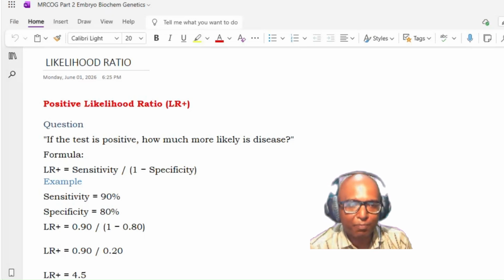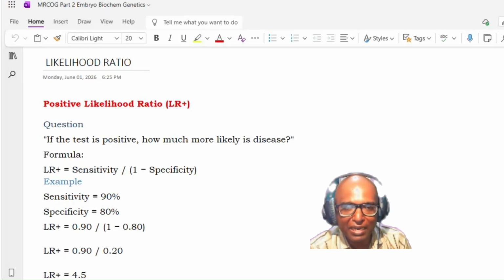Suppose you have the test sensitivity as 90% and the specificity as 80%, then likelihood ratio positive will be sensitivity upon 1 minus specificity.